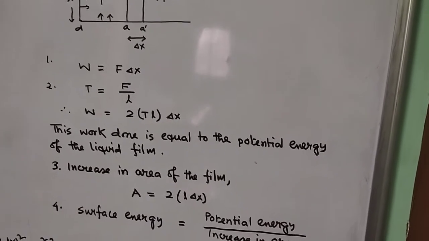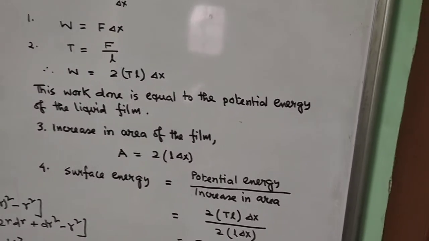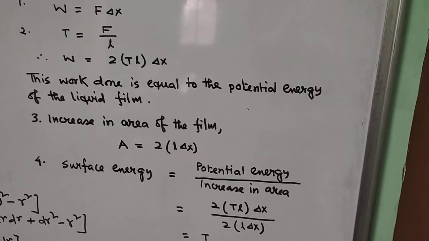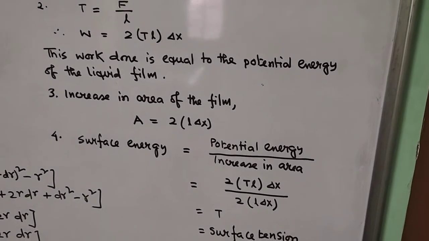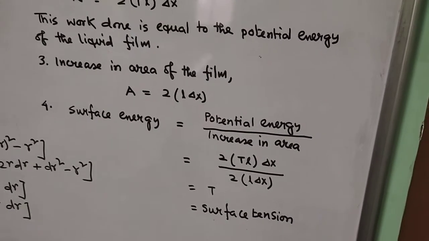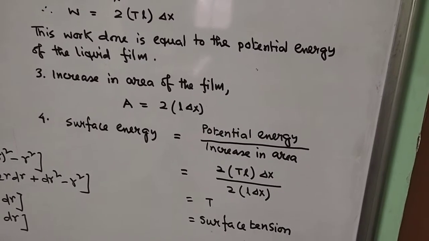Surface energy, as per the definition, is the potential energy per increase in area. The potential energy is 2TL delta x, and the increase in area is 2L delta x. If we cancel it out, it becomes only capital T, which is the surface tension. So this proves that surface energy is numerically equal to surface tension.